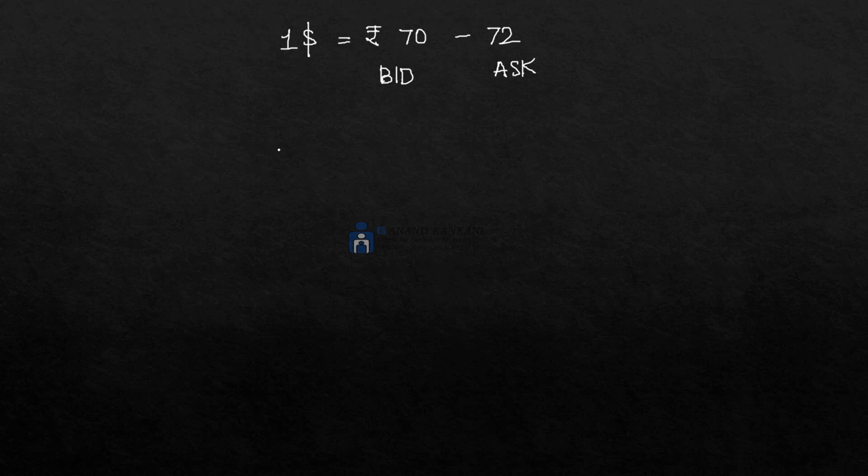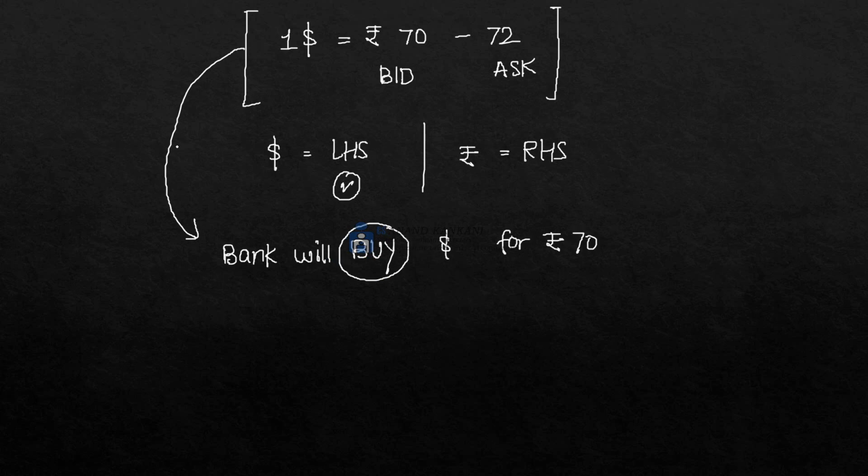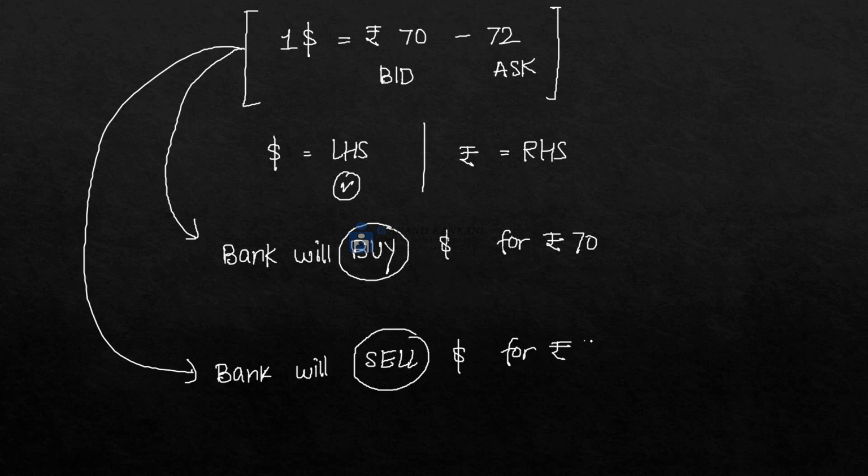Here dollar is the left hand side currency and rupee is the right hand side currency. The bid and ask is always for the left hand side currency. So the bank will buy dollar for 70 rupees and sell dollar for 72 rupees.